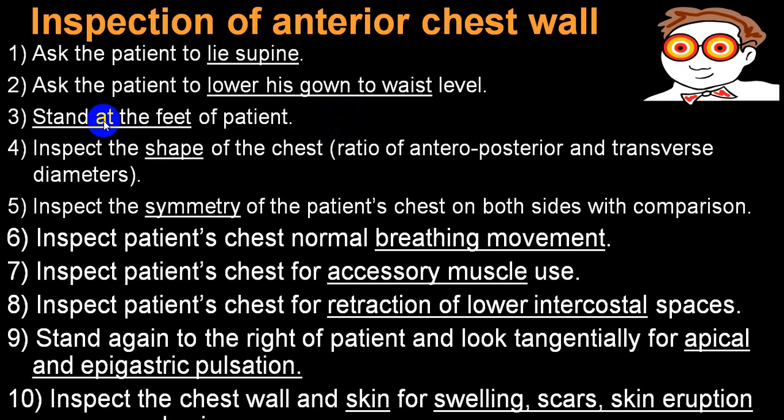So when you do inspection, you look at a good number of things like shape, symmetry, respiratory movement, accessory muscles of respiration, retraction, and you can examine even the epigastric pulsation, which can be because of right ventricle or because of aorta or because of liver.